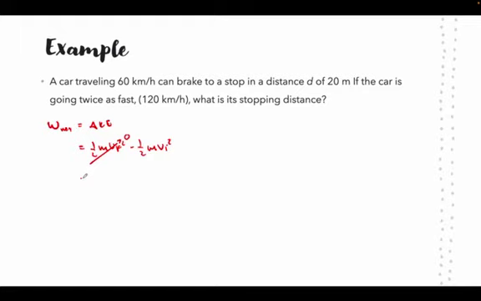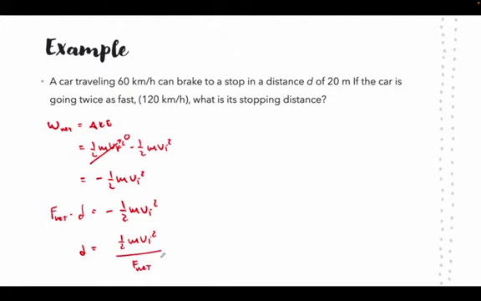So that means that the net work is equal to minus 1/2 m vi squared. And here we see that the net work is equal to net force times distance, which is equal to minus 1/2 m vi squared. So then distance is going to be equal to 1/2 m vi squared divided by net force.